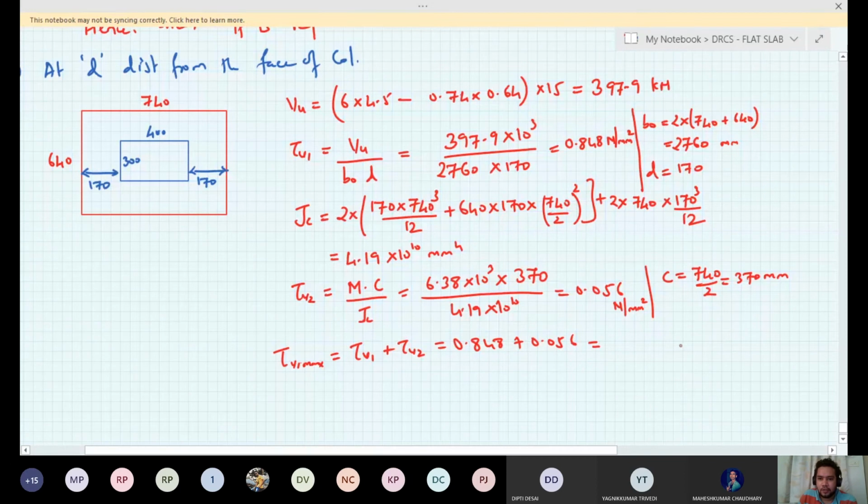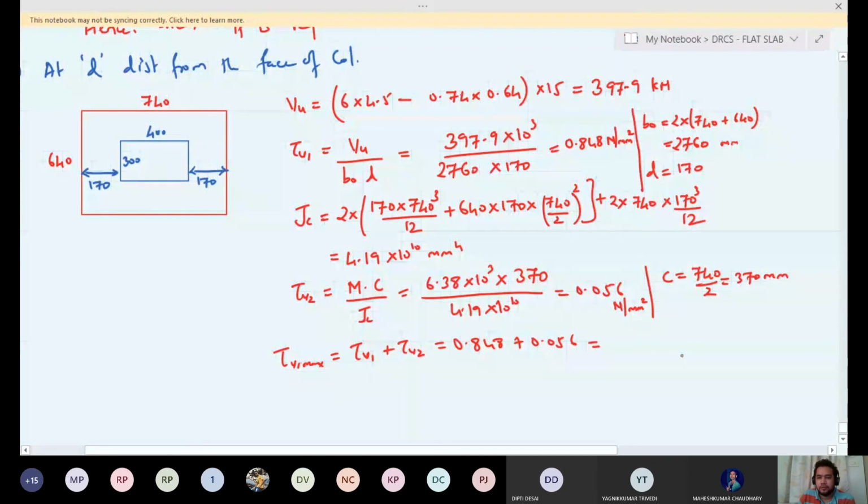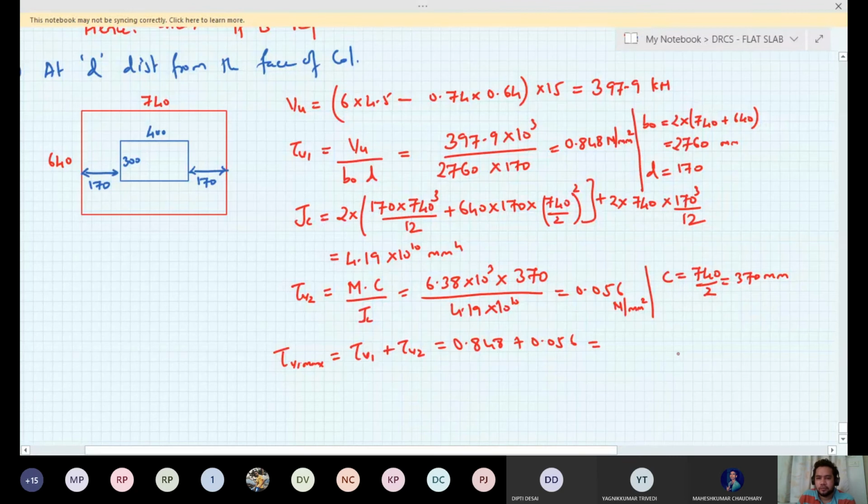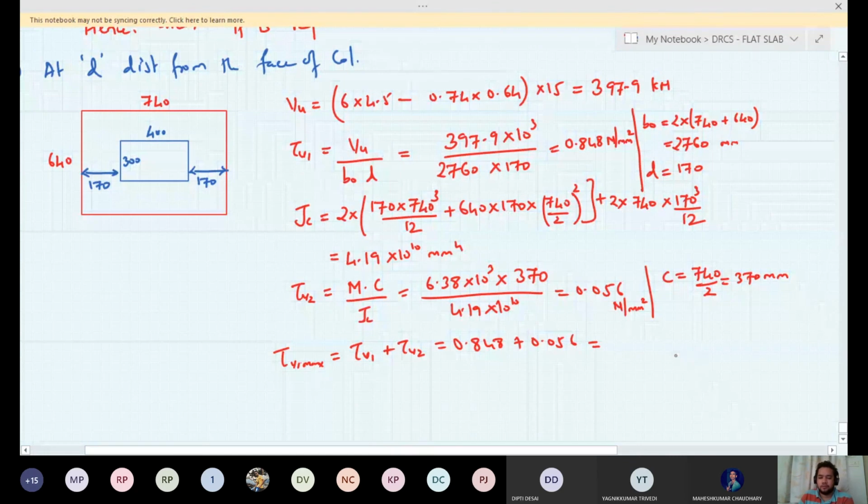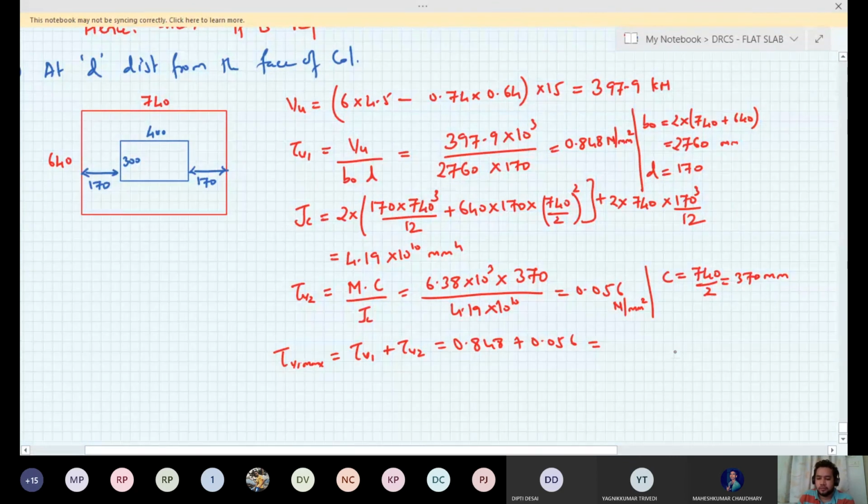And you add these values. Just add them. 0.848 plus 0.056 is 0.904 Newton per mm square.